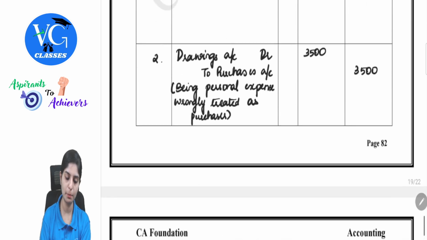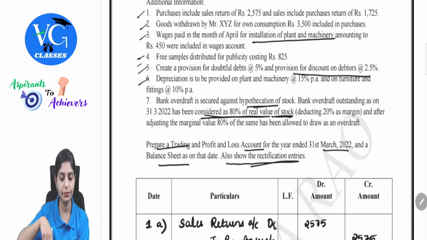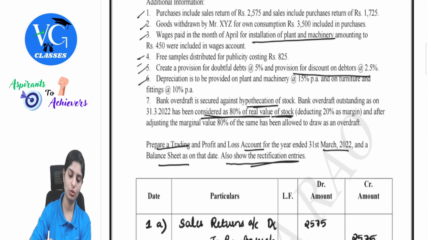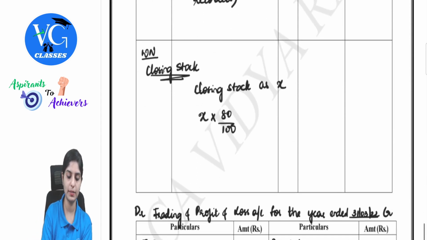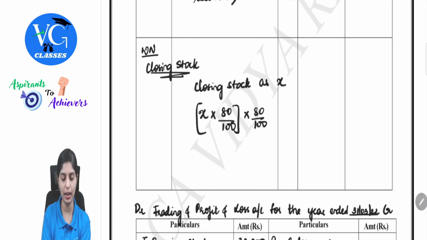This is what this part says. Bank overdraft outstanding as on 31st March has been considered as 80% of real value of stock, and after adjusting the marginal value, that is 80%, 80% of the same has been allowed as an overdraft. So after adjusting this 80%, on top of it, again 80% is what we are giving as bank overdraft. That's what the statement means.